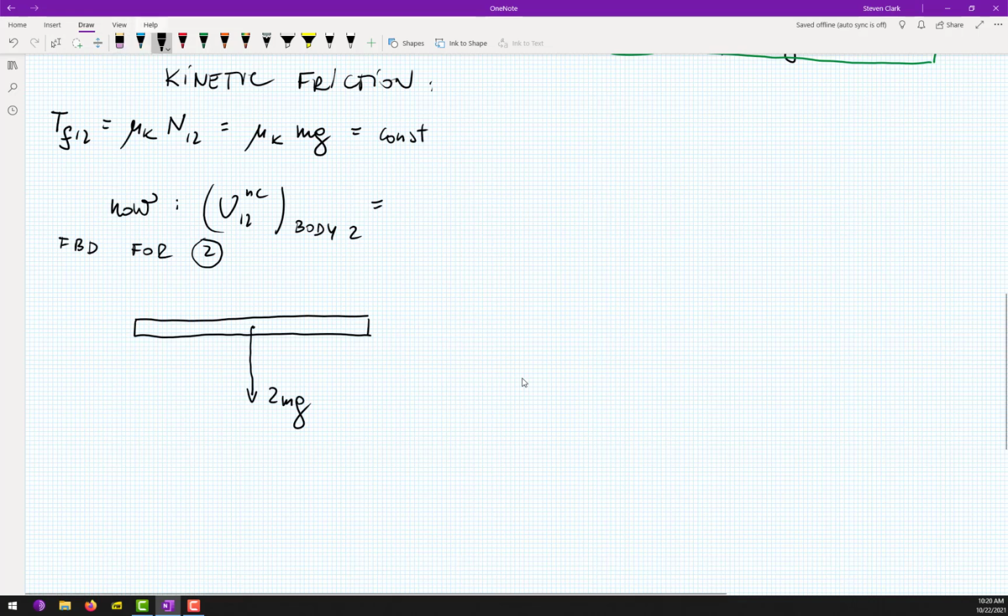I think that also this will be N2, or N ground if you want to call it. Let's call it N2, because this is the normal force between body 2 and the ground. I think that there was one rope attached to our thing. There is friction.